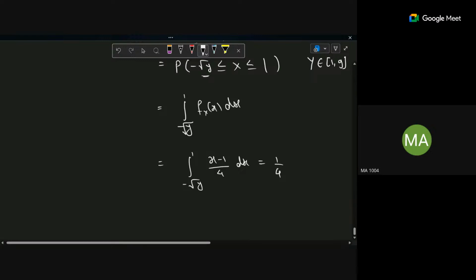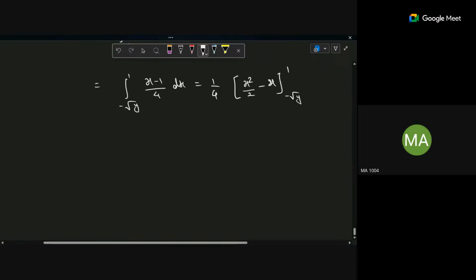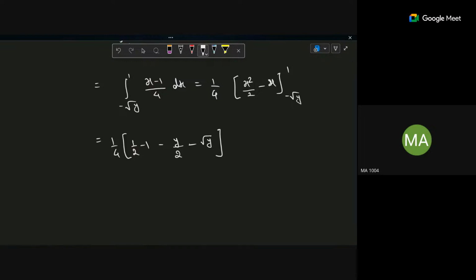So x square by 2 minus x, evaluated from minus square root y to 1, giving minus y by 2; minus minus gets plus, again minus.